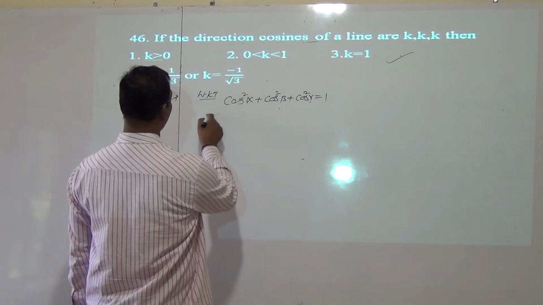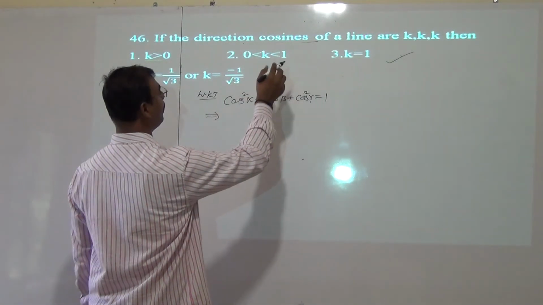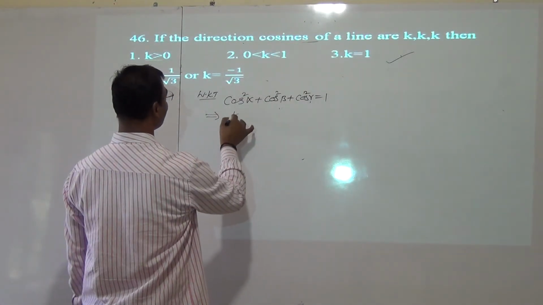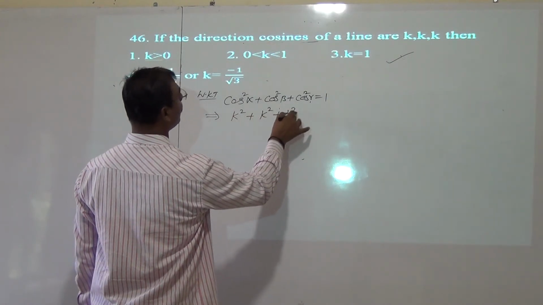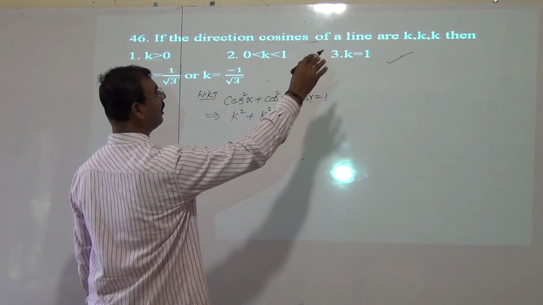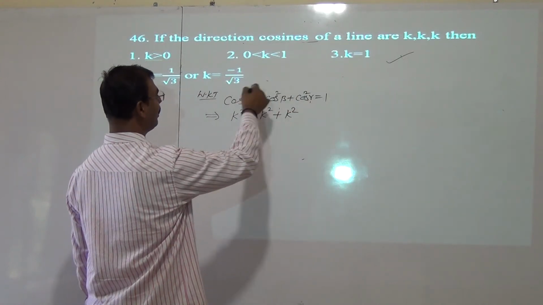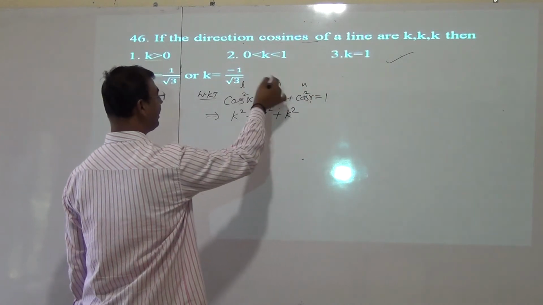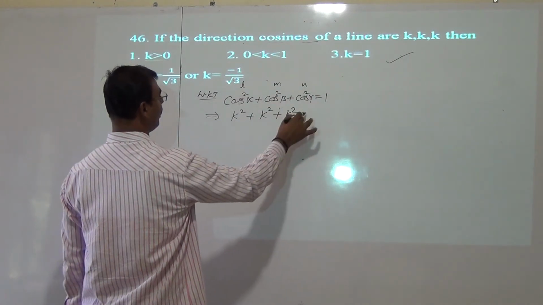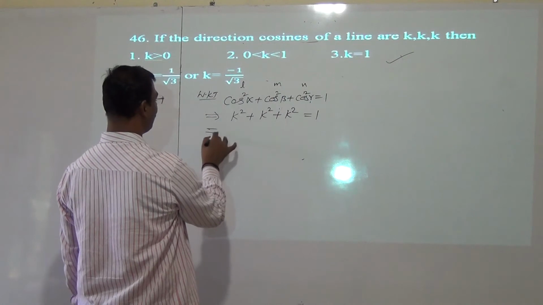Direction cosines l, m, n are k, k, k given. So l square plus m square plus n square is equal to 1. How many k square are there? 3 times.